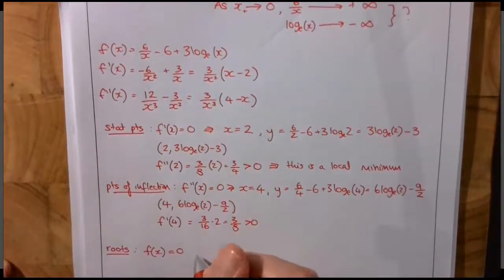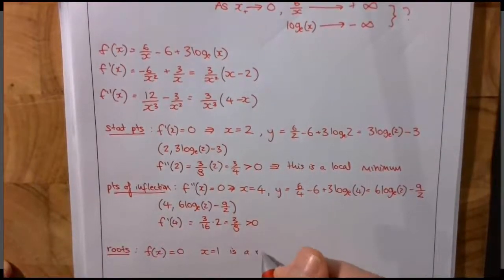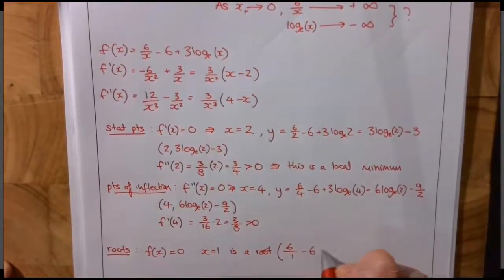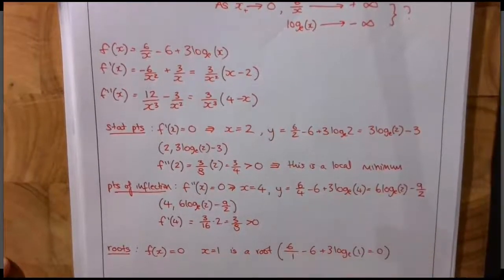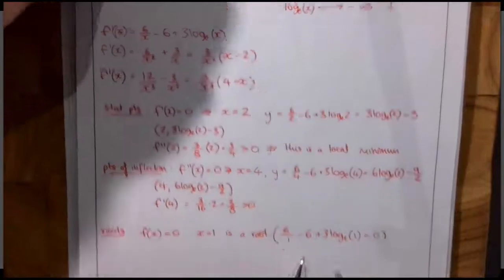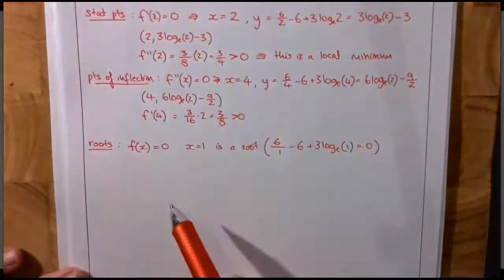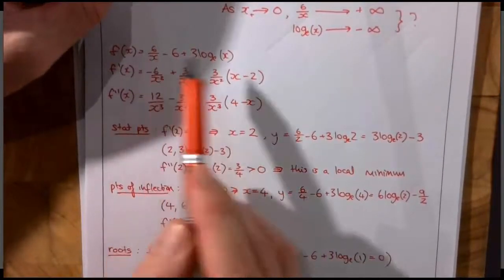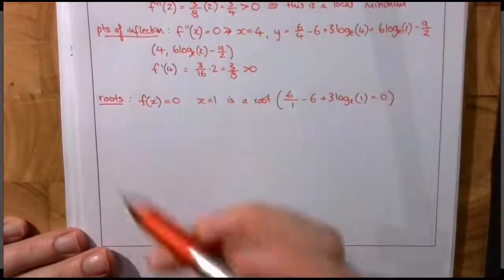So I'm going to have a root, so x equals 1 is a root, because 6 over 1 minus 6 plus 3 log e of 1 equals 0. That gives me a little bit of extra information, but because of the combination of the reciprocal term and the log term, there's not much more I can do quickly with that without a calculator.